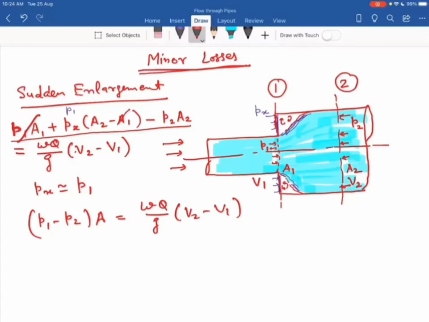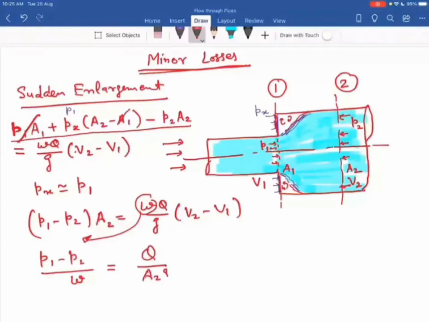Okay. Now I divide both sides by W, or you can say I take this W on other side. So I write it as (P1 minus P2) by W should be equal to Q upon A2 into G (V2 minus V1). Okay. So this is the pressure drop now, (P1 minus P2) by W from 1 to 2 due to this sudden enlargement. Okay.